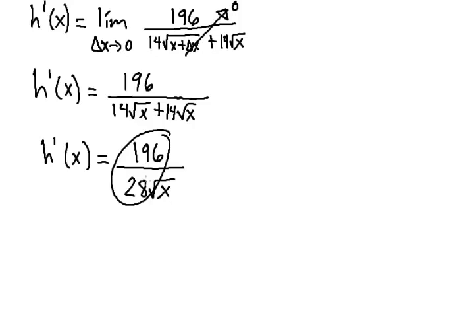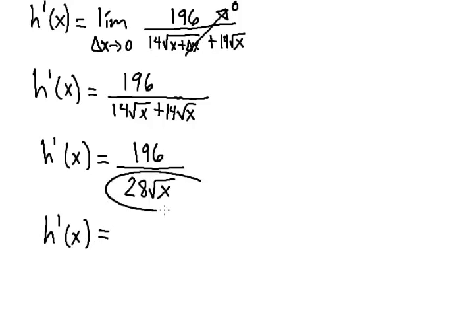Notice that you can divide this. It will not give you an exact answer necessarily. In this case, yes. Sometimes you might get a fraction. So if you get a fraction, make sure the denominator stays down, the numerator will stay up. The square root of x will always remain there. In this case, 196 divided by 28 will give us an answer of 7.